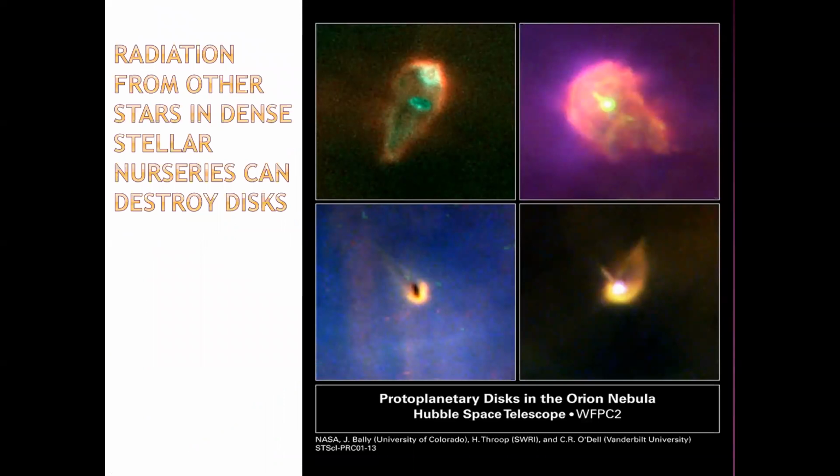When stars are in dense stellar nurseries, such as starburst clusters, the radiation from large stars can dissipate the disk. This is why it's a problem for the sun to have formed in a starburst cluster.